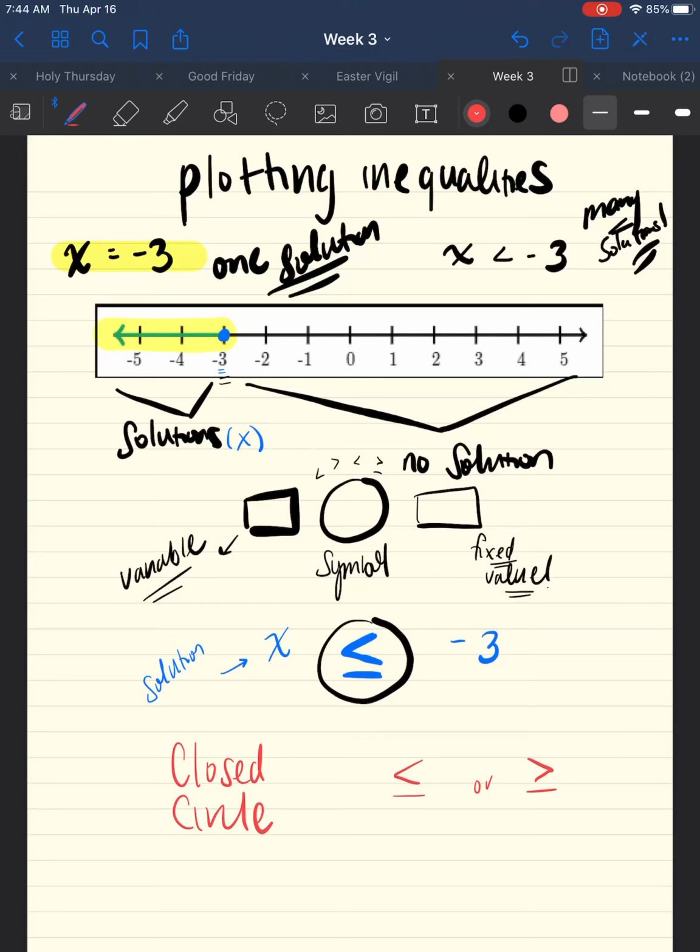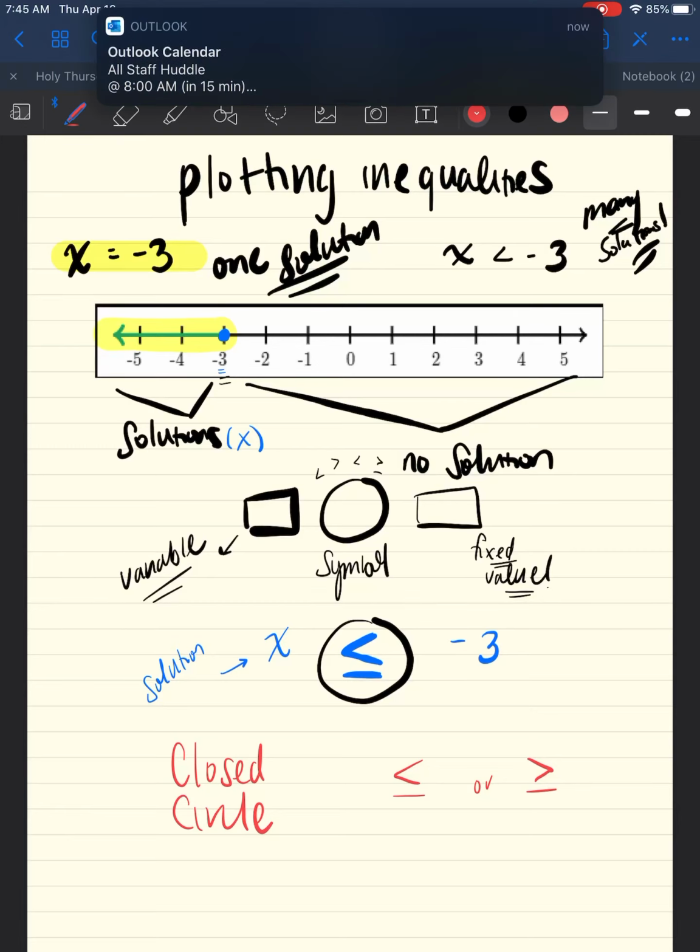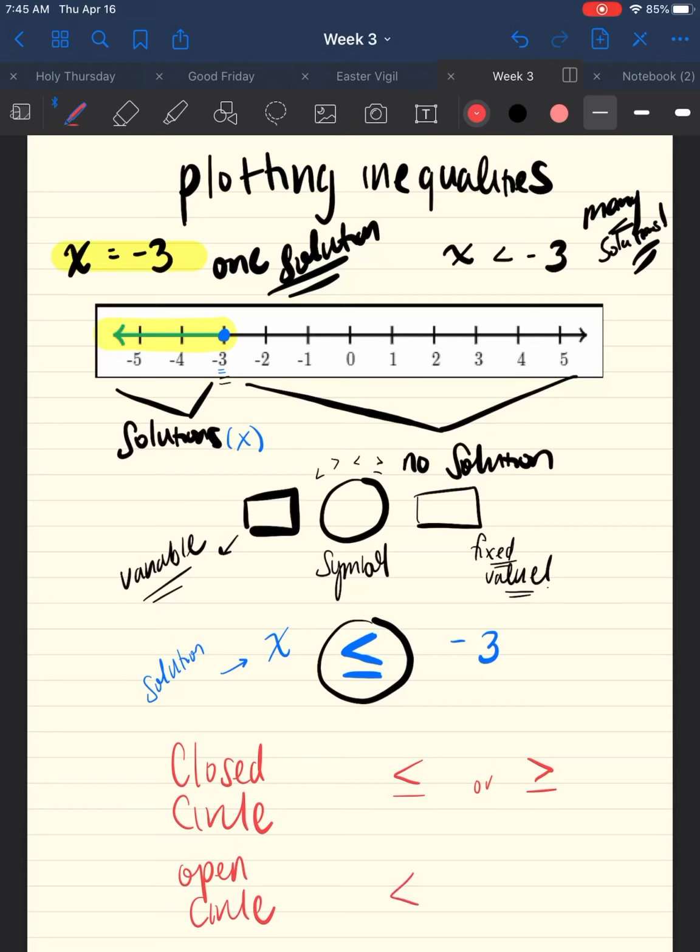If I were having an inequality and if I were to place -3 in place of x, the solution would still be true. The inequality would still be true. Now, you graph an open circle when you have less than or greater than, because the inequality is not true.